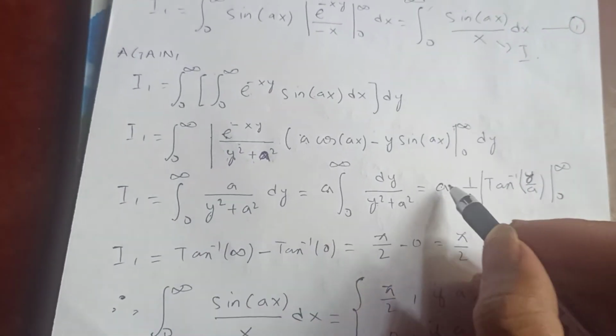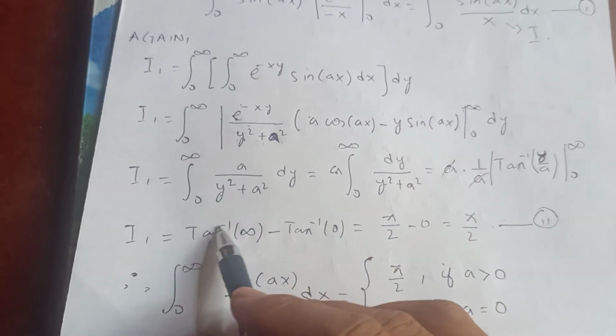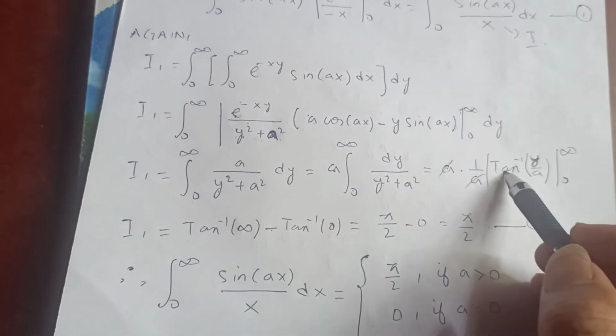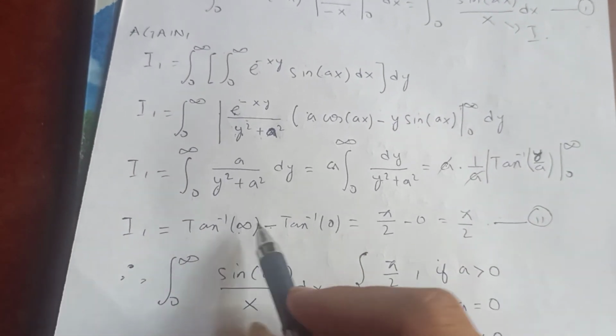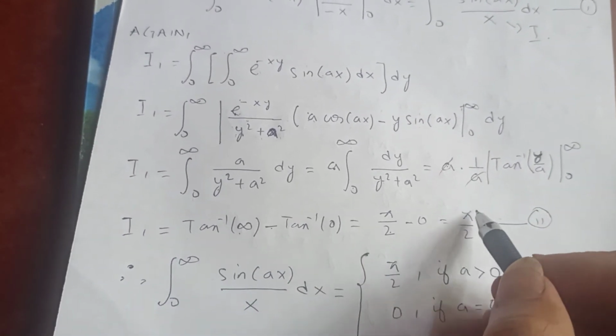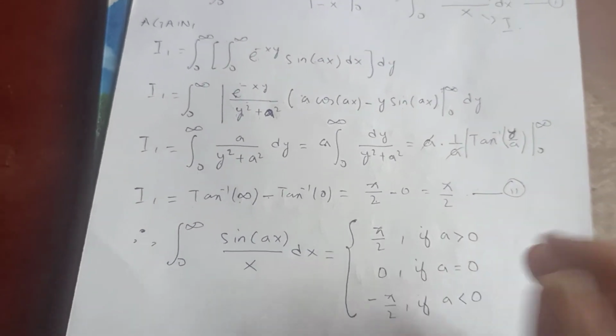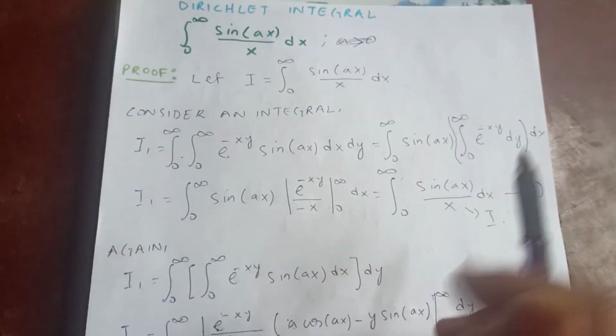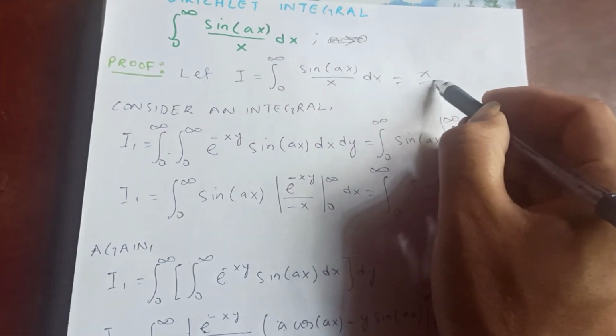The a's cancel out, then you get tan inverse of infinity minus tan inverse of 0, which is pi by 2 minus 0, equal to pi by 2. So our original integral is nothing but pi by 2.